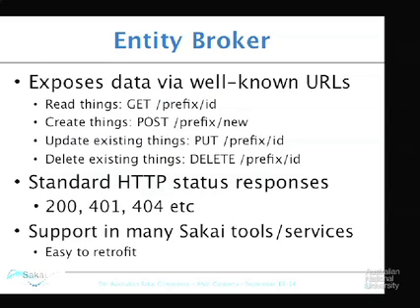It also conforms to the standard HTTP status responses. So you've all seen a 404 when you type in a random URL that doesn't exist. That's a standard HTTP response, not found. There's also ones like 200, which you probably never see because the browser interprets that as thumbs up. Or there's a 401, which means unauthorized. So you'll see a 401 a lot when you're using Entity Broker, and that means you need to log in.